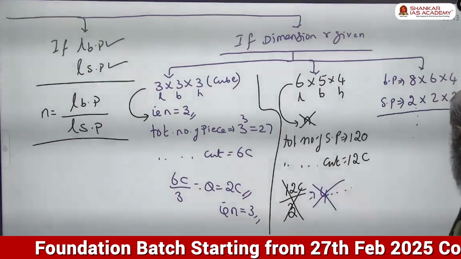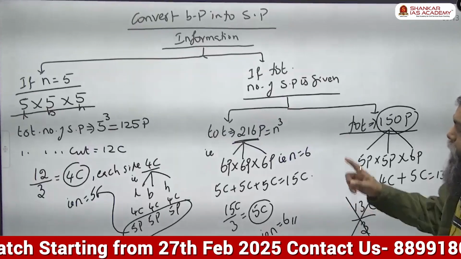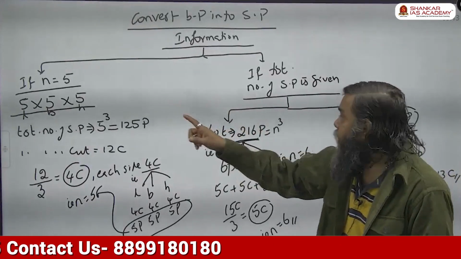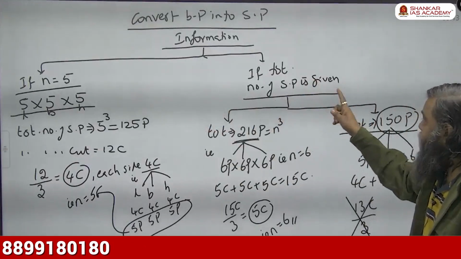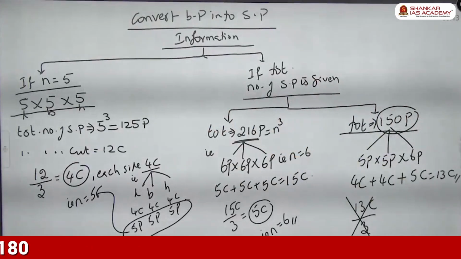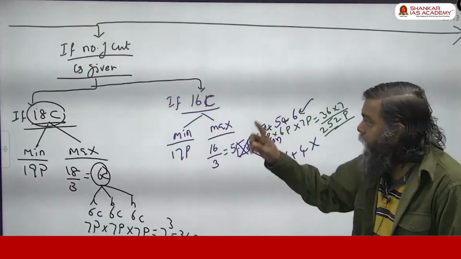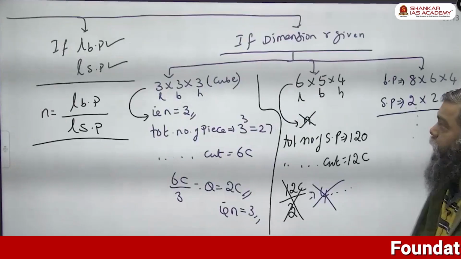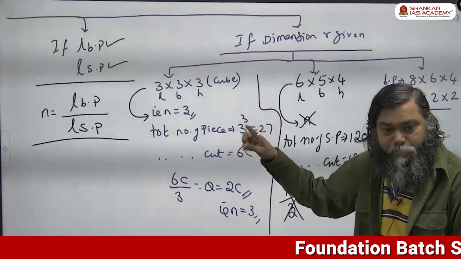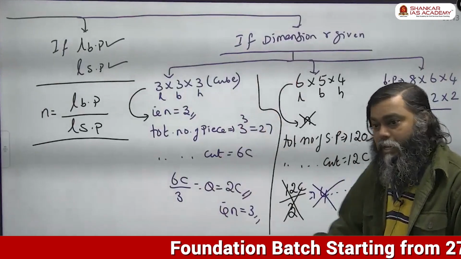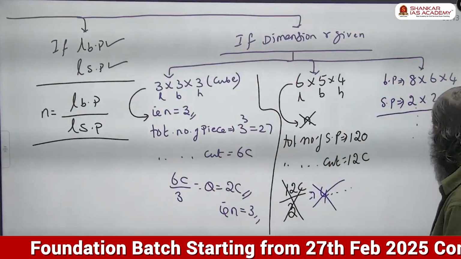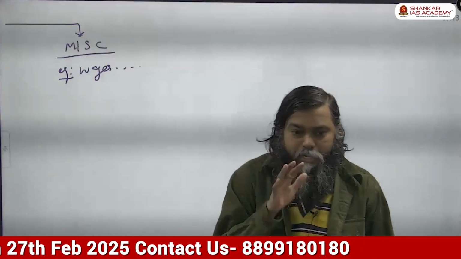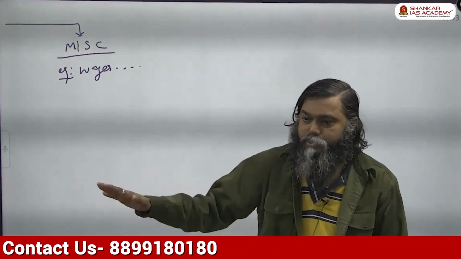Listen now carefully to what I am saying. If the n value is directly given in the question, or the total number of smaller pieces is already given, or the total number of cuts is already given, or the length of the bigger piece and the length of the smaller piece is given, or the dimension is given, use any one information printed in the question.